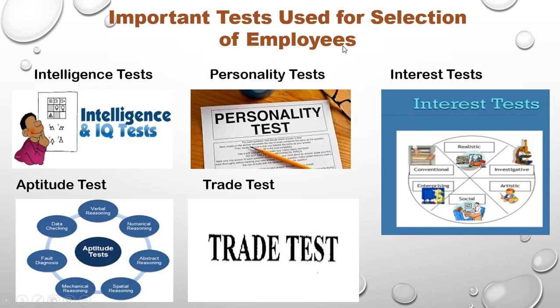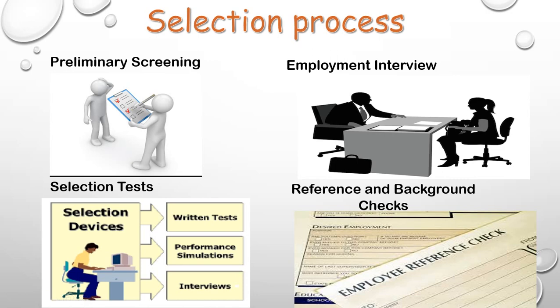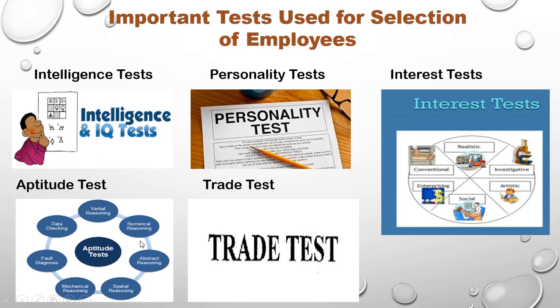Moving to the first slide, that is important tests used for the selection of employees. This is the topic which we have taken from the previous one where the selection process was there. Now, what the basic functions of selection tests are is going to be discussed in this lecture. These are the few basic types of tests used in the selection of employees.